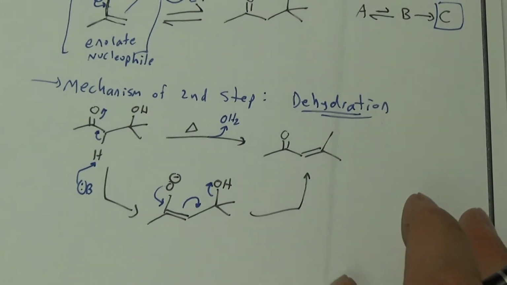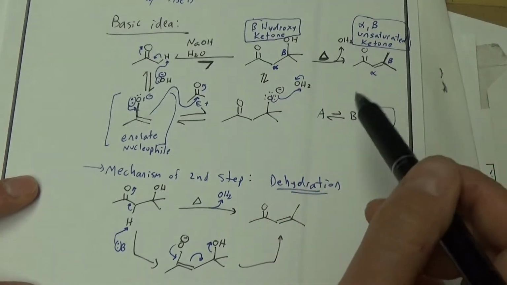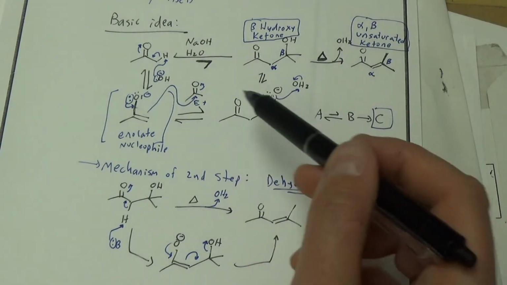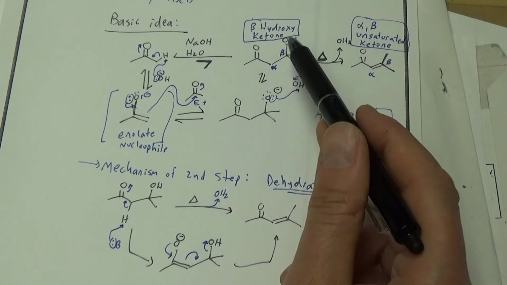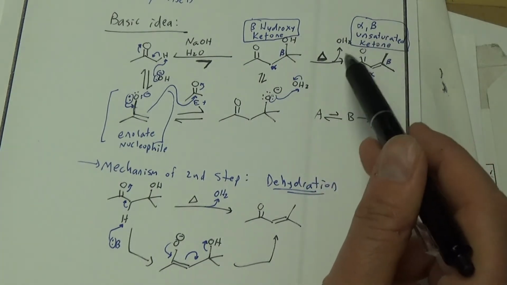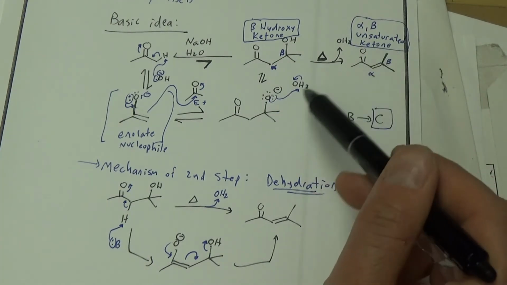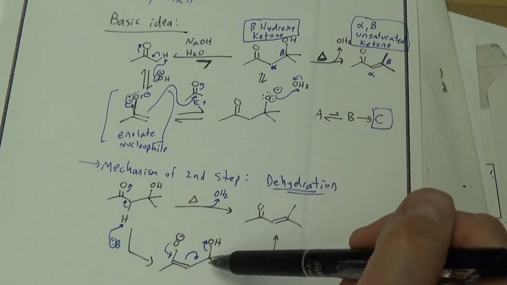So that mechanism's not that hard. I could have probably snuck it up there, but you should continue this. Consider this a two-part mechanism. The first step gets you to the beta hydroxy ketone, and the second step is this dehydration process with just base. Form an enolate, kick off OH.